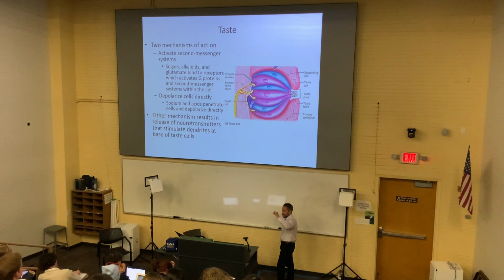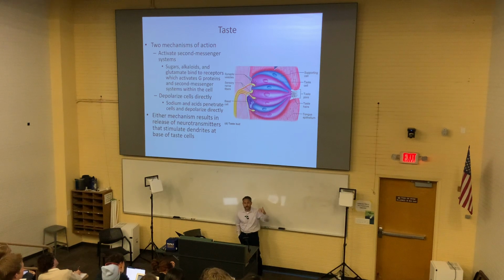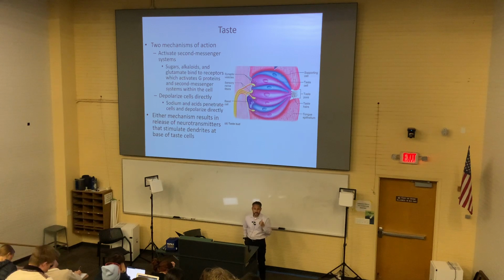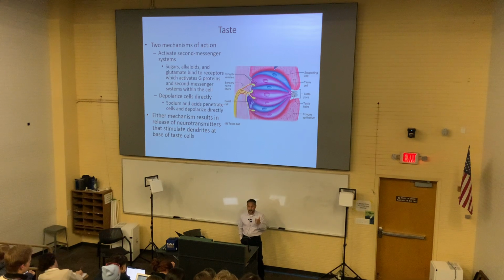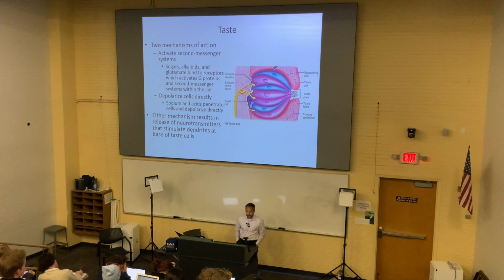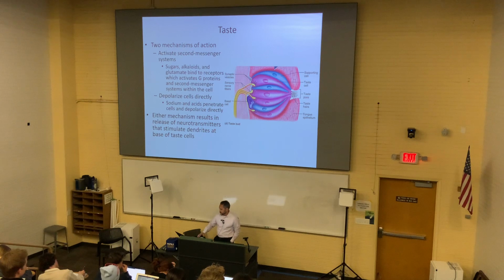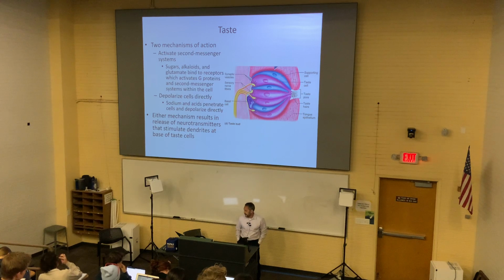And the flavors, if you will, that operate mechanistically through a second messenger system are sugars, alkaloids, and glutamate, which bind to receptors that activate the G proteins. So sugars are sweet, alkaloids are bitter, and glutamate is the umami flavor.